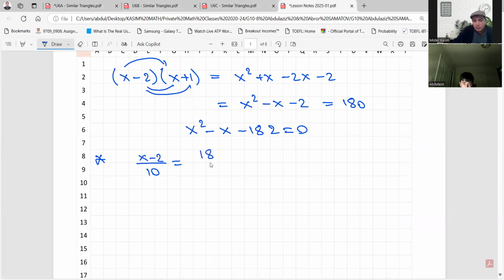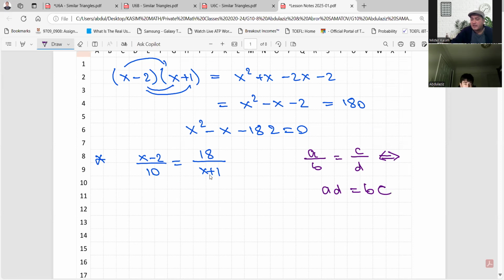Remember, Abdulaziz, if we have a proportion A divided by B equals C divided by D, this is equivalent to A times D equals B times C. By just cross multiplying, we solve it. So I'm going to cross multiply now.